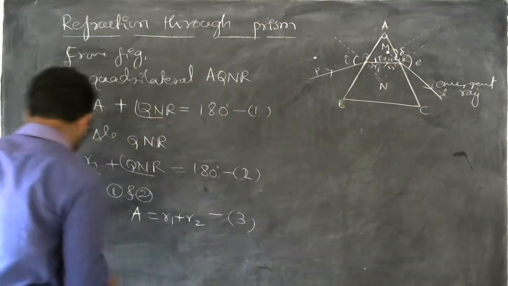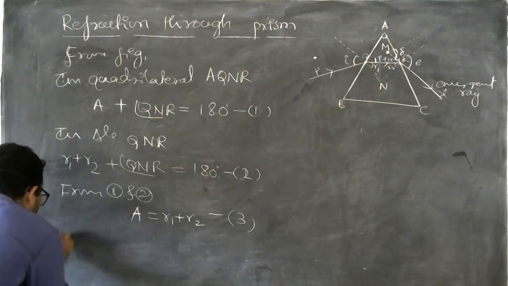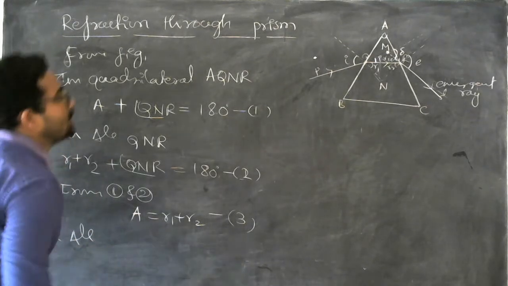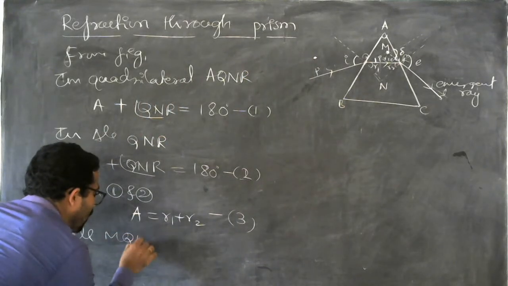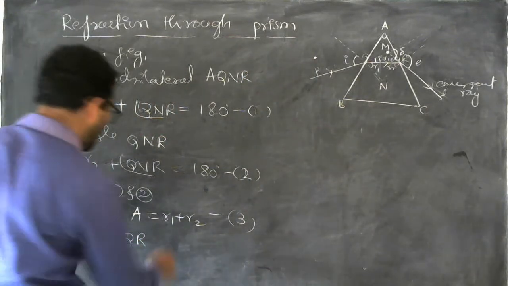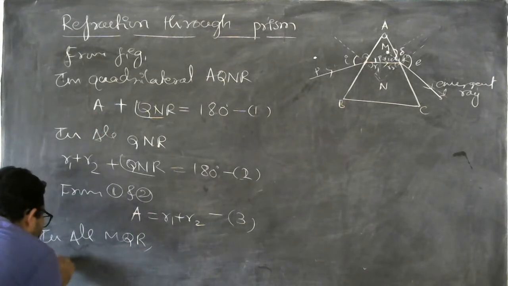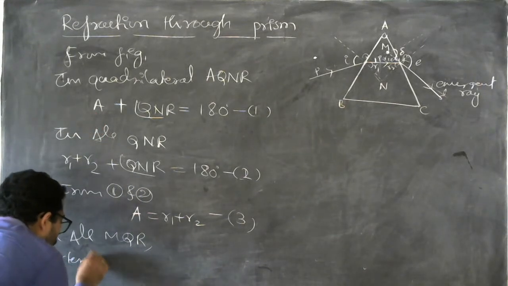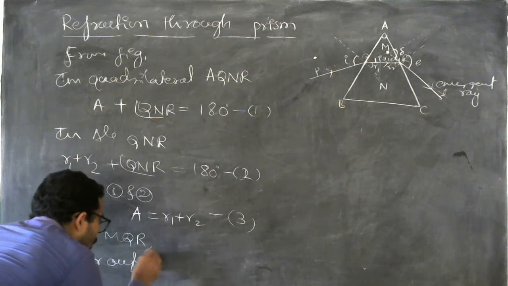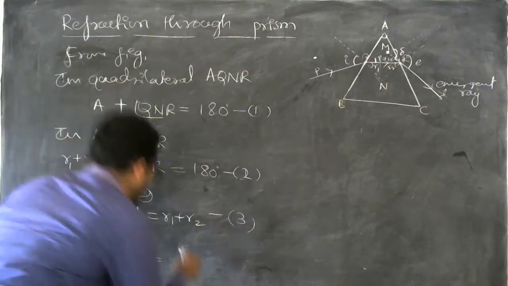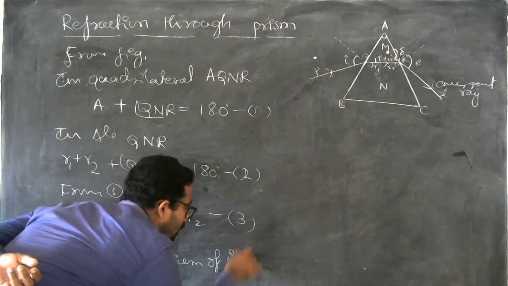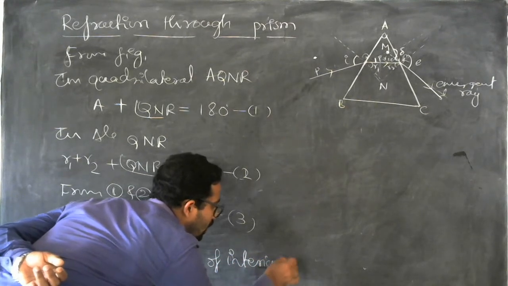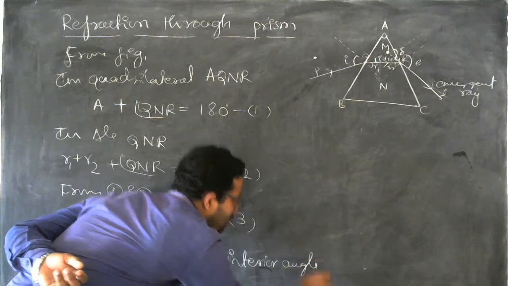Let me write, in triangle MQR, exterior angle equal to sum of interior angles.